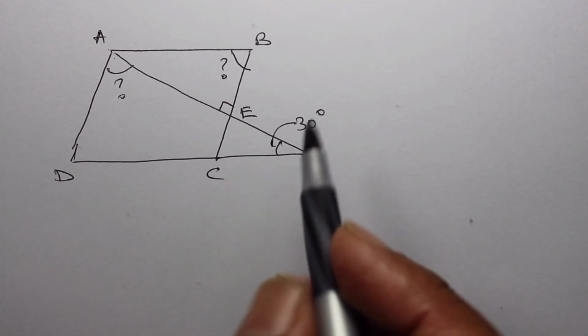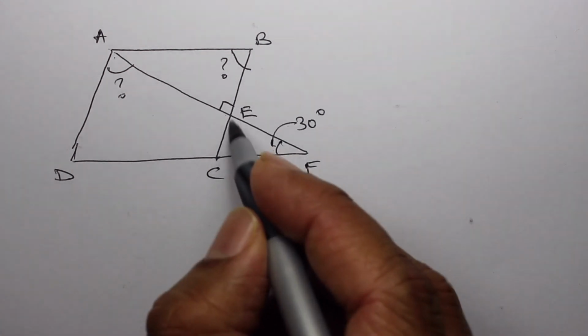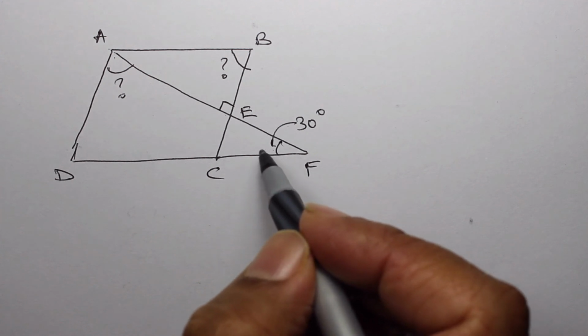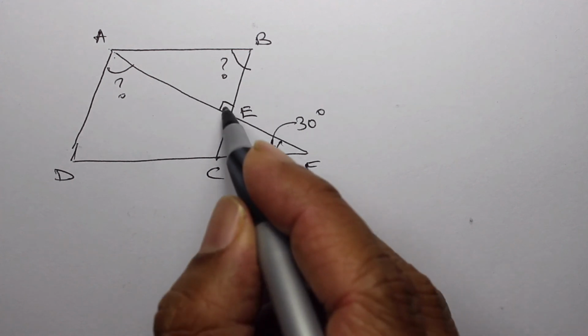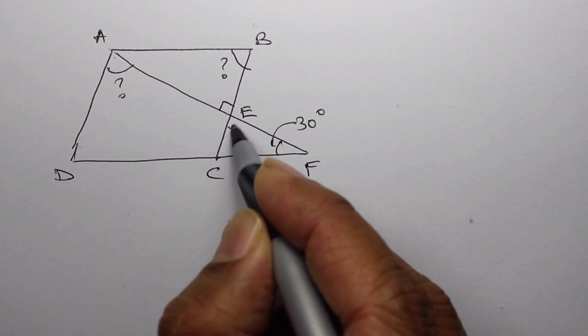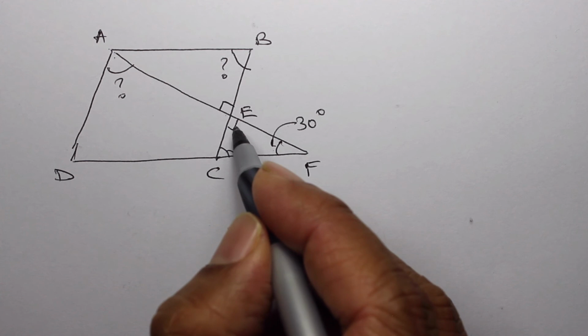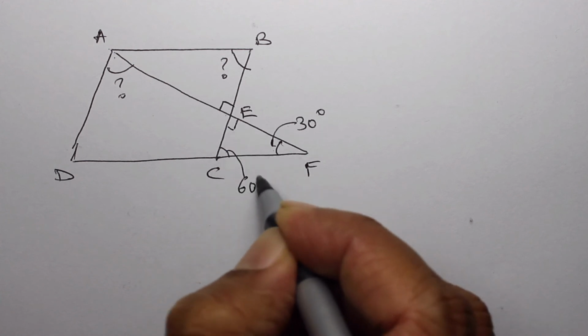So you should try and find the angles, make it into a triangle. This is 90, so hence this angle is part of the triangle. So 90, 30, and this is 60 degrees.